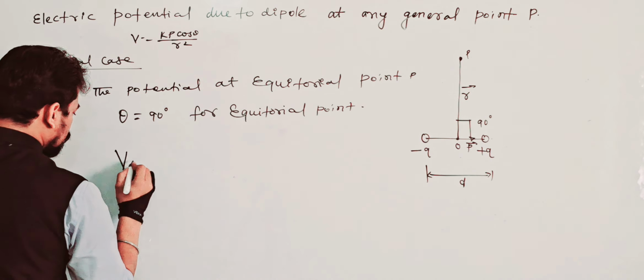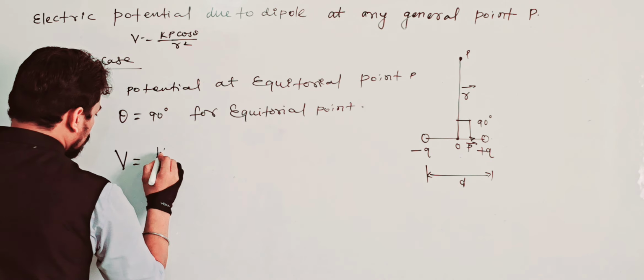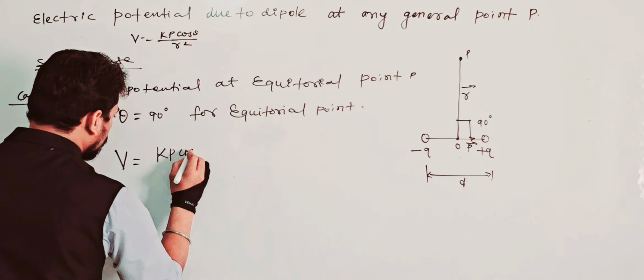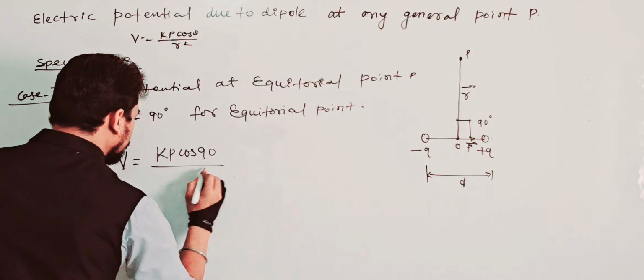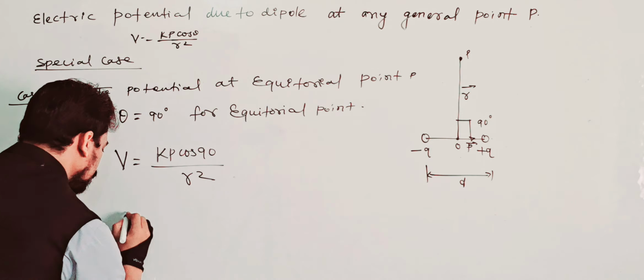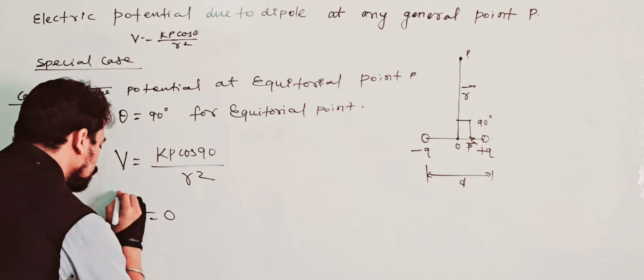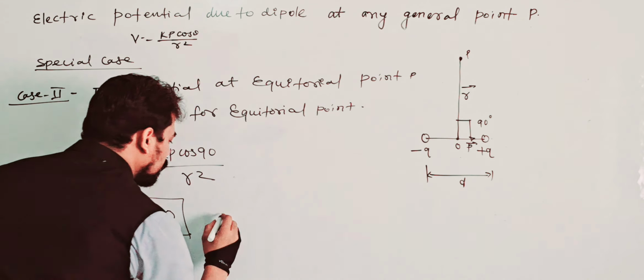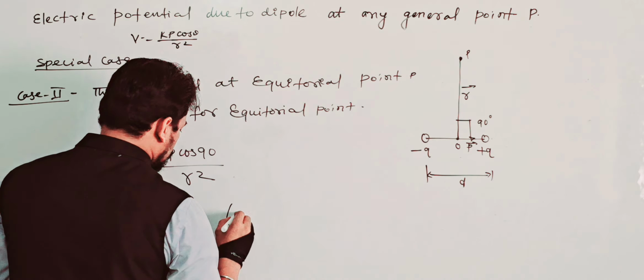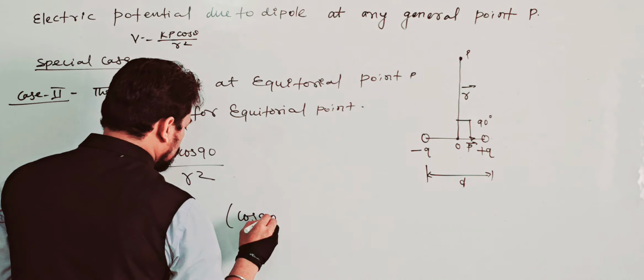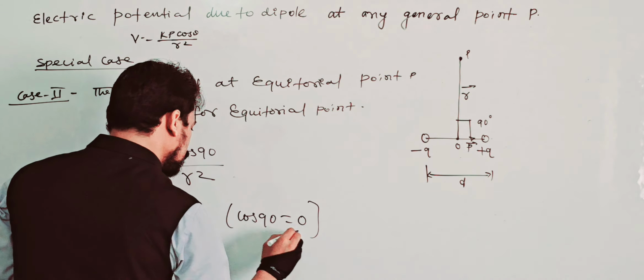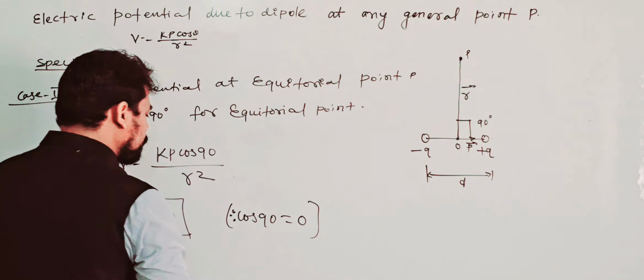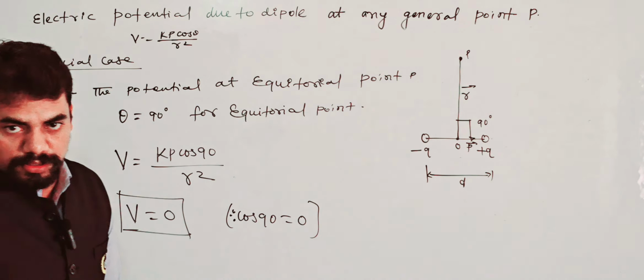So V equals Kp cos 90 by R square. Then V equals 0 at any equatorial point because cos 90 is 0.